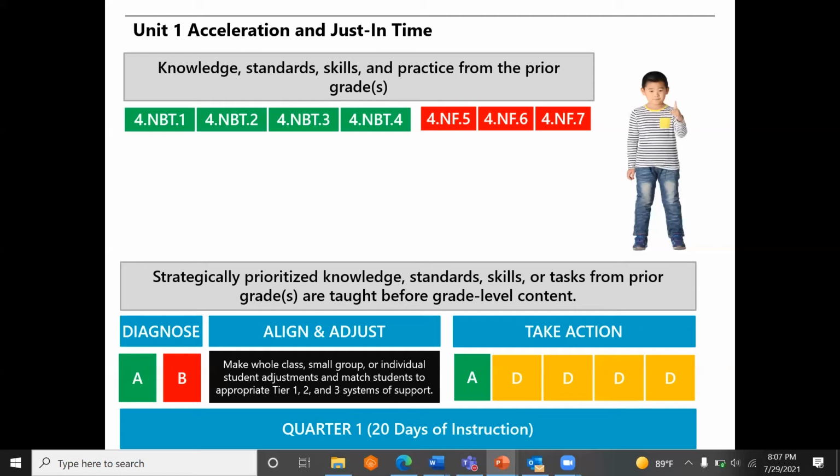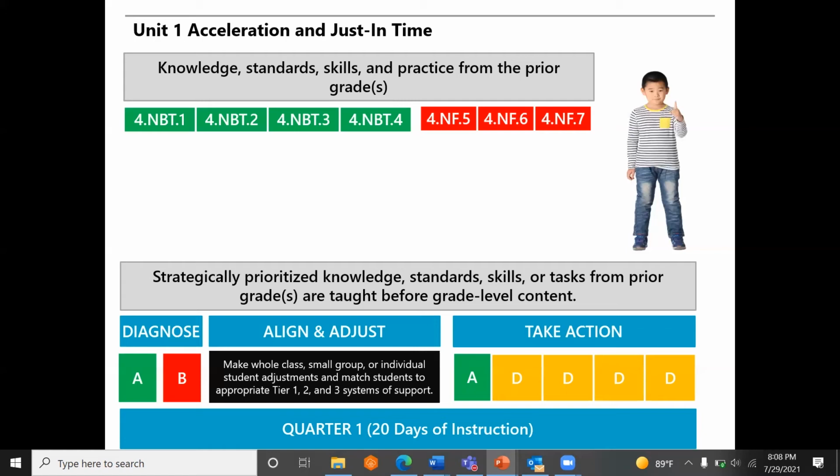Notice that the green and the red represent the prior grade level skills, and those were diagnosed first. Then we see on this timeline where the teacher aligned and adjusted and made adjustments to decide what were the best systems of support.